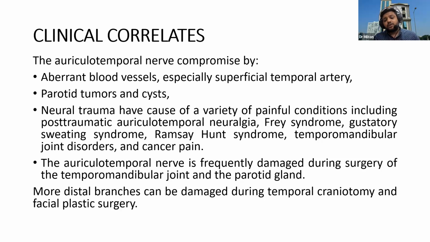The auriculotemporal nerve is frequently damaged during surgery of the temporomandibular joint and the parotid gland. If it is injured, it causes neuralgia or long-term neuropathic symptoms. Also, temporal craniotomy or facial plastic surgery can damage this nerve.